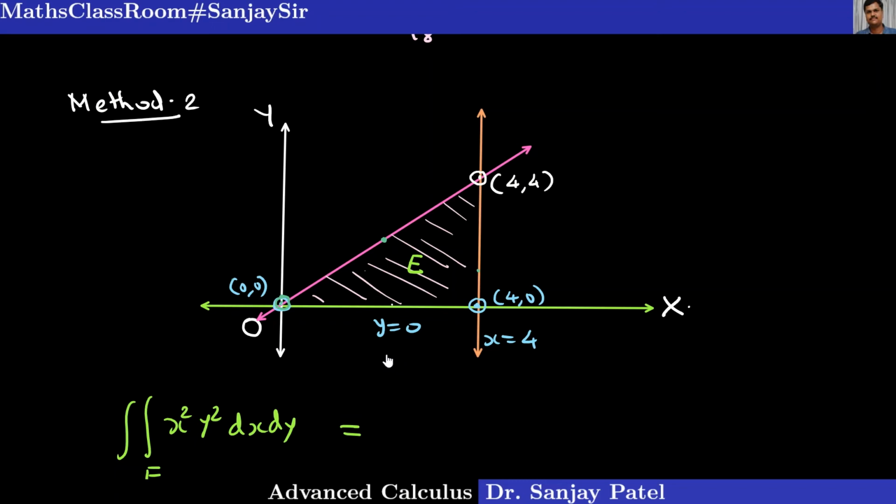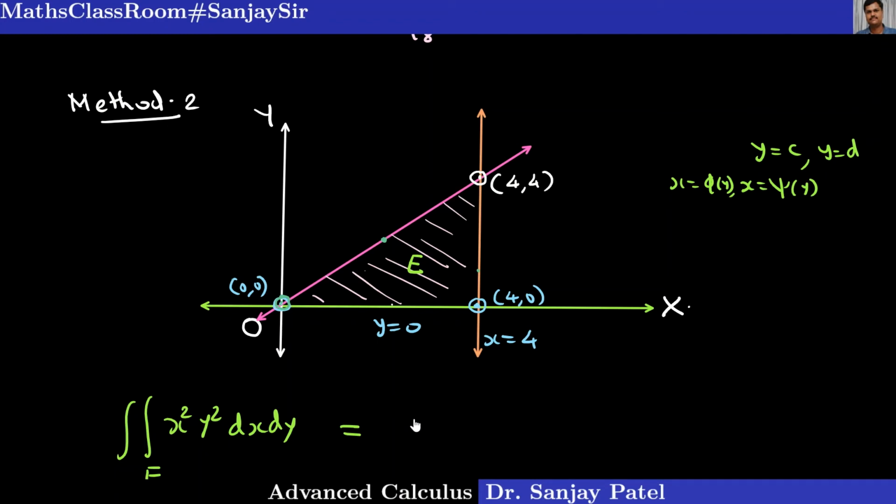In that case, you have to find the four curves. One is y is equal to c, y is equal to d, these two lines, and the two curves, x is equal to psi y and x is equal to say phi y.